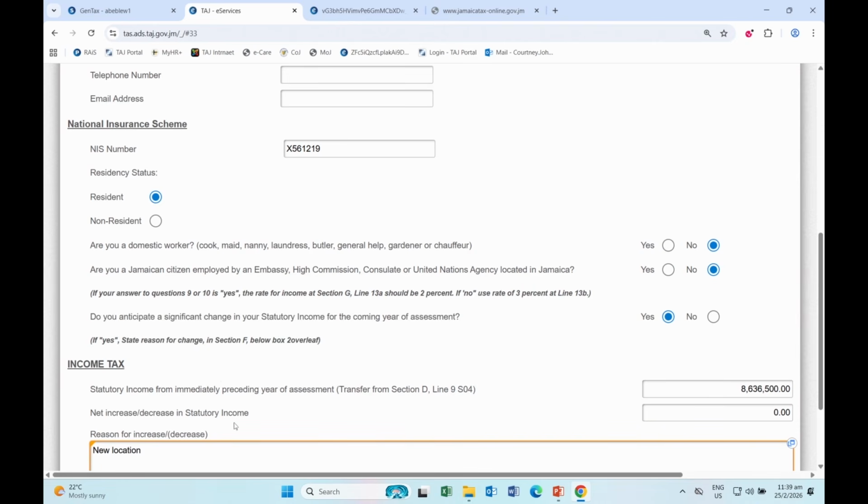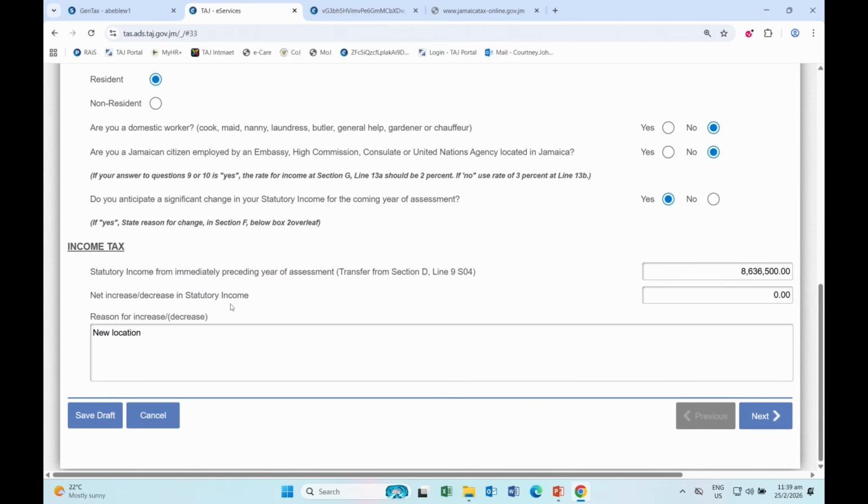So you give an idea of what would be the cause for you earning more or less. In this second box in this section where it says net increase/decrease in statutory income, if you're going to be entering a loss, you put a negative figure in there, because that would suggest to us that this amount is going to be subtracted from the one above.